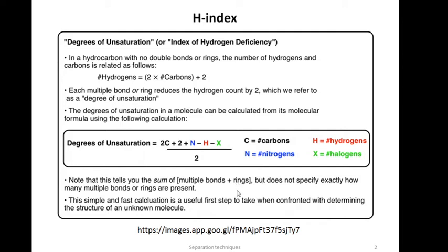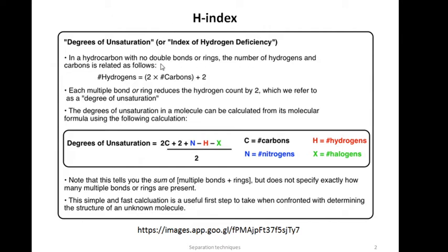Similar to double bond equivalence, this is helpful. It does not specify exactly how many double bonds or rings are present, but it can give us an idea of the different possibilities of double bonds and rings.